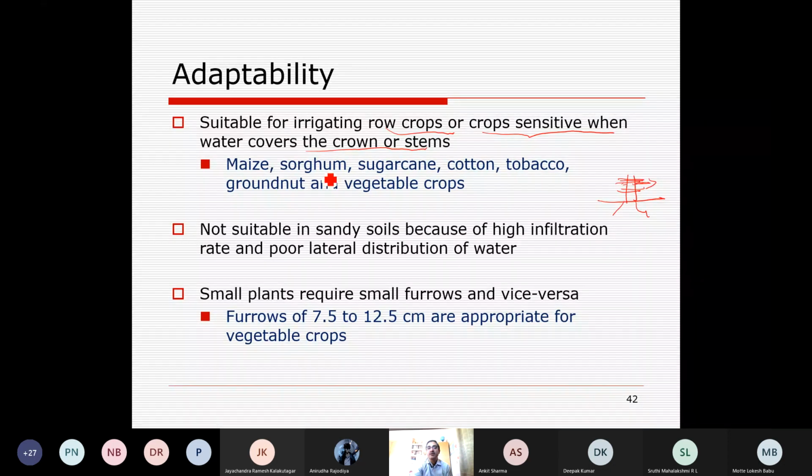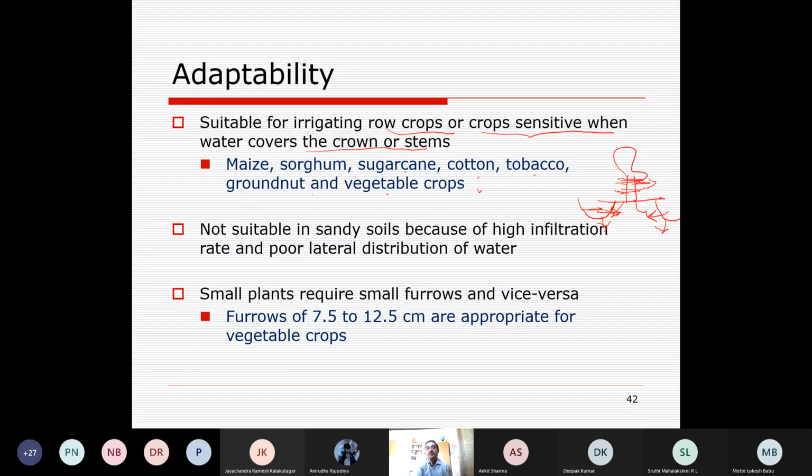Just like maize, sorghum, sugarcane, cotton, tobacco, groundnut, and vegetables like potato, which don't require direct touching of water. Let us have a channel here which supplies water, and water will move towards the root from the bottom and from the sides to irrigate this particular crop.